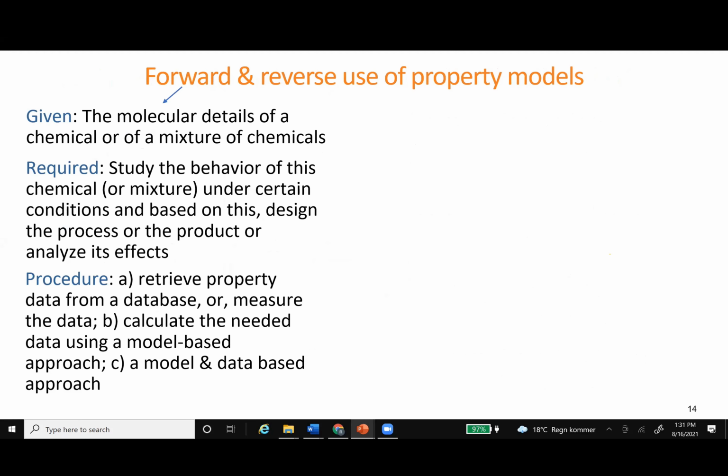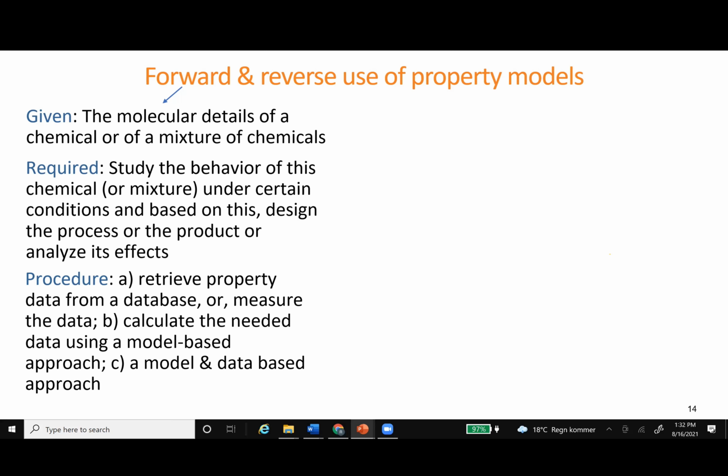So when we go to both database search and computer-aided molecular design, there are two concepts to think about. One is the forward use of property models, and the other one is the reverse use. So in the forward use, we give the molecular details, the molecular structure details of the chemical or the mixture composition details.